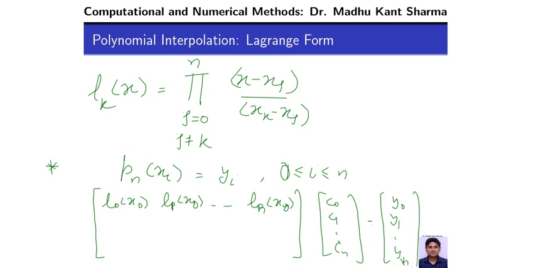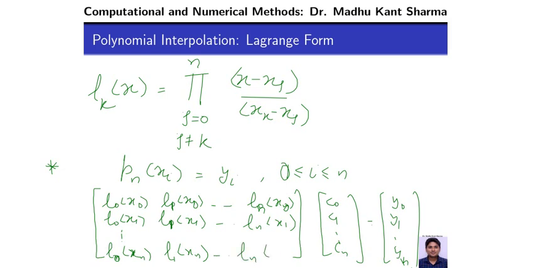The second row is L0 of x1, L1 of x1 and so on Ln of x1, and so on. The last row is L0 of xn, L1 of xn and so on Ln of xn. And if you incorporate the properties of the cardinal function, the coefficient matrix will reduce to the identity matrix.